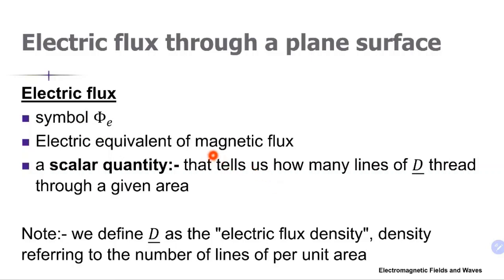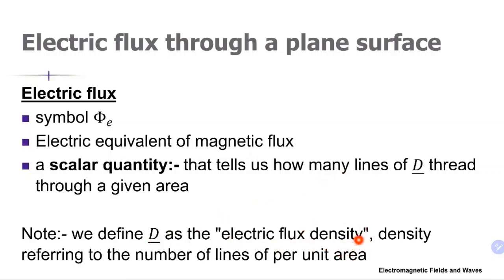If you know what magnetic flux is, the electric flux is just the equivalent in the static charge domain. Okay, so it is similar to what you know about magnetic flux, but the equivalent of that in electrostatics. So we define the electric flux density.